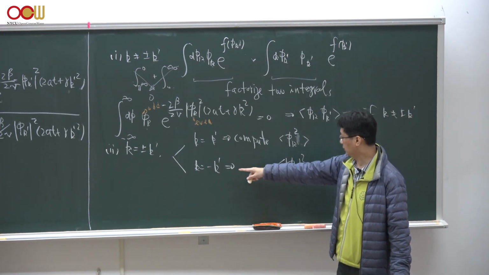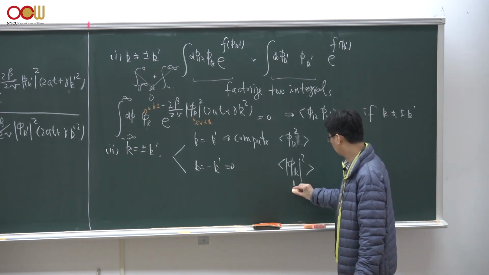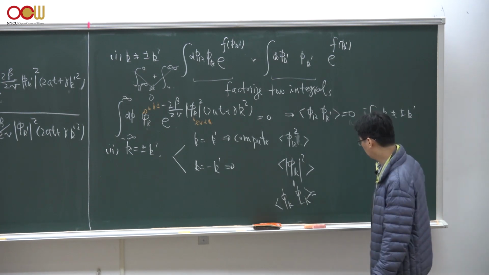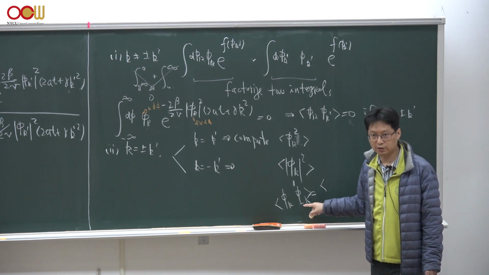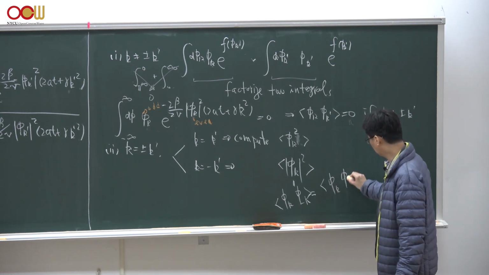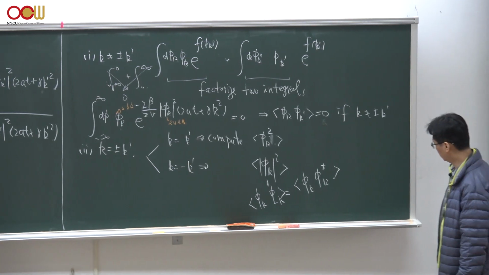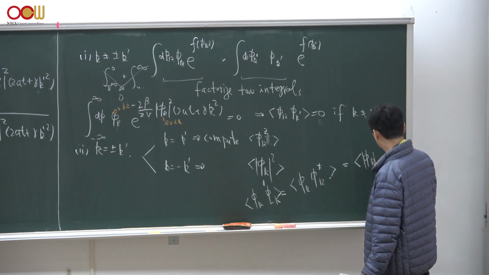For the minus sign, you should calculate the phi magnitude square, because this is given by phi of k, phi of minus k. And you know that phi of minus k is the complex conjugate of phi of k, because this is a Fourier transform of the order parameter field. And so this is nothing but phi of k magnitude square.